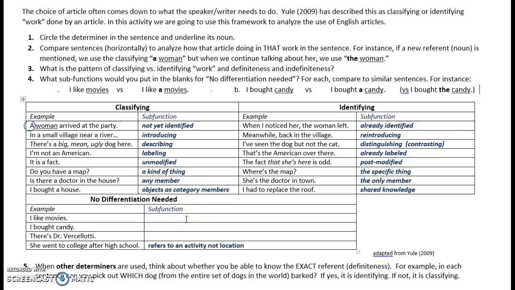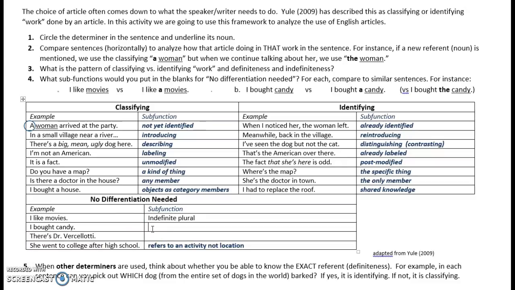Can you think of the subfunction? It's, do you know specifically what movie I like? No, it's still indefinite, but it's a plural, right? So what about I bought candy? Do you know exactly which candy I bought?